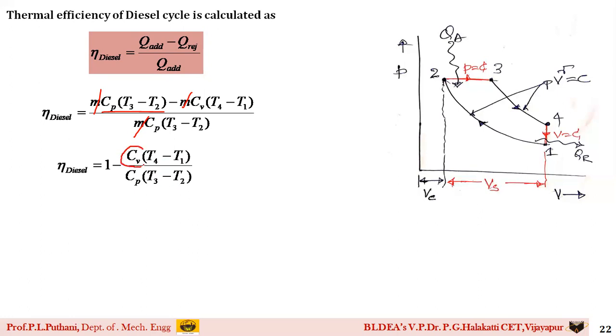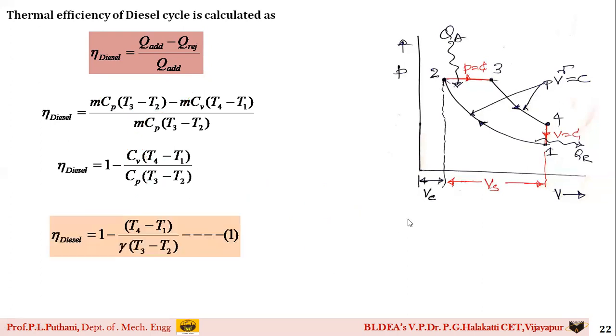Then this Cv, students, I will transfer to the denominator part. What do I get? I get Cp divided by Cv, which is the ratio of specific heats, represented by the symbol gamma. So now please do observe here. I get the equation 1 minus (T4 minus T1) by gamma (T3 minus T2).